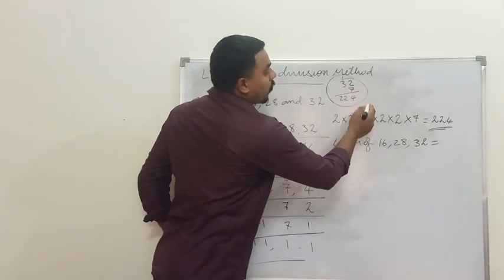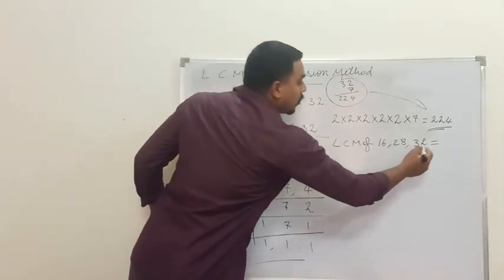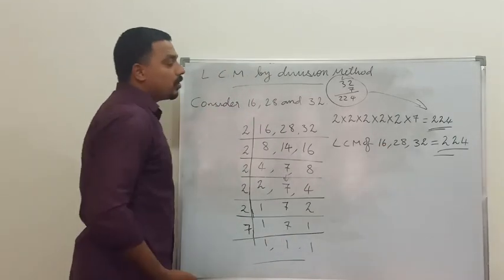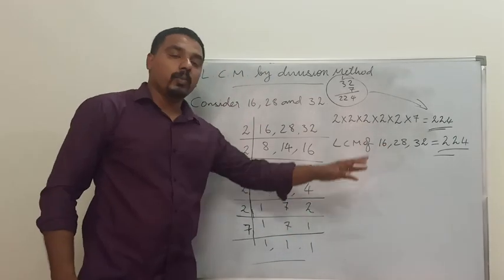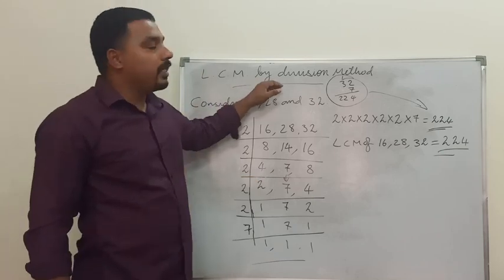See, 224. So here also you have to write the LCM of 16, 28 and 32 is equal to 224. This is LCM by division method.